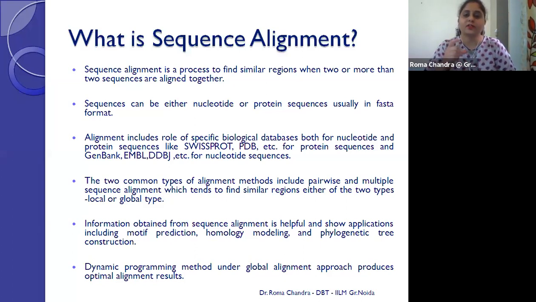A motif is that similar region which we get when we align two or more sequences. The motif region tells you that if there is similarity in sequences, probably there is similarity in their structure or in their function. So the most important application of sequence alignment is that it helps us predict these motif regions. The second important application of sequence alignment is homology modeling.